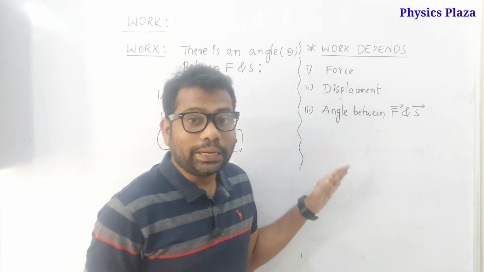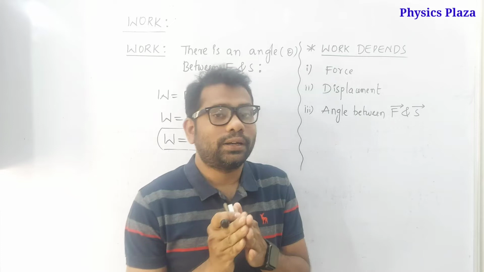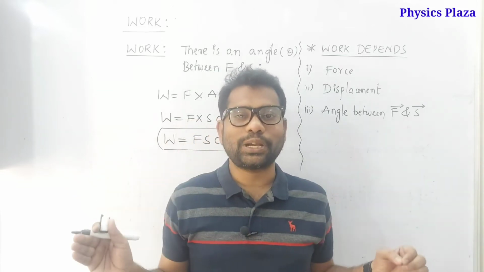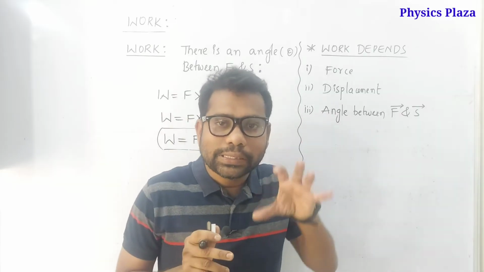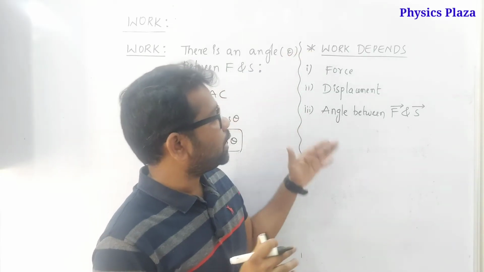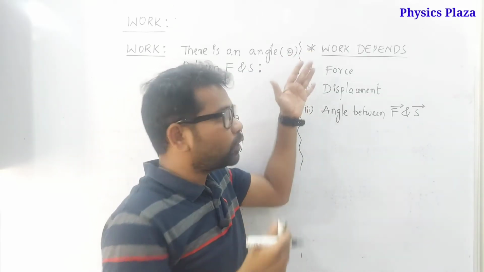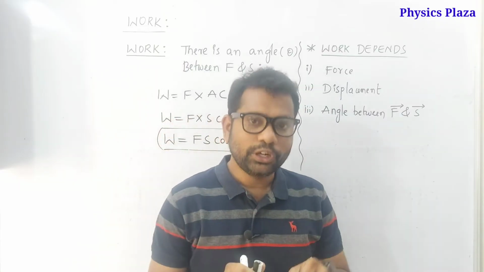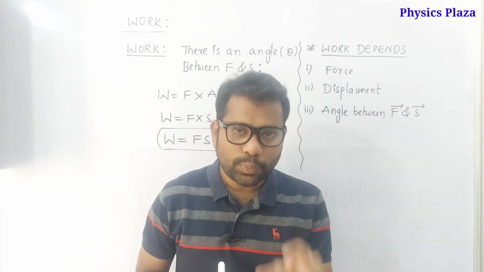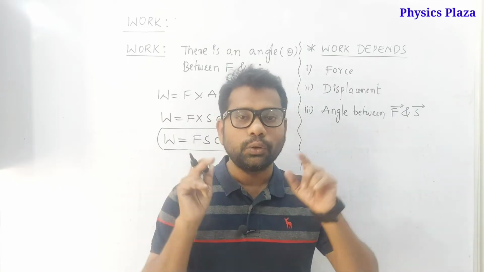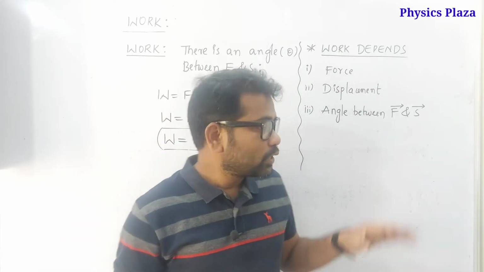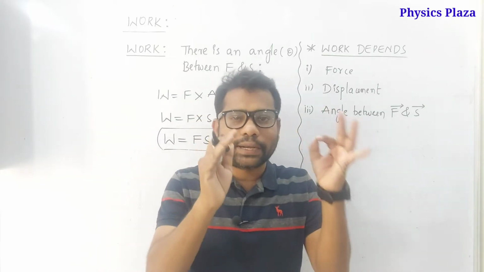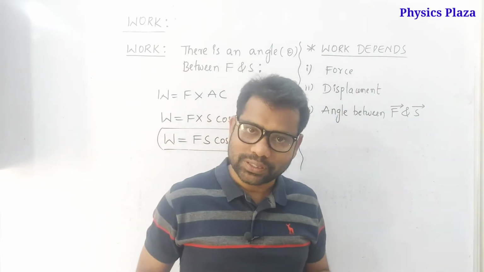Here I am not discussing in detail, children, because we have planned to discuss the entire chapter in a single video. So if you need a detailed discussion about the factors and how work depends on all these things, links will be given in the description where each and every topic is discussed in detail. You kindly go through it. This video is mainly for revision purposes.